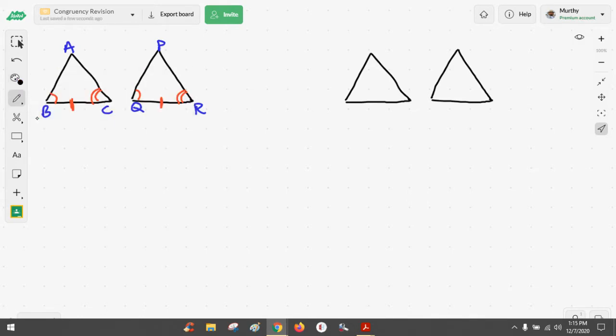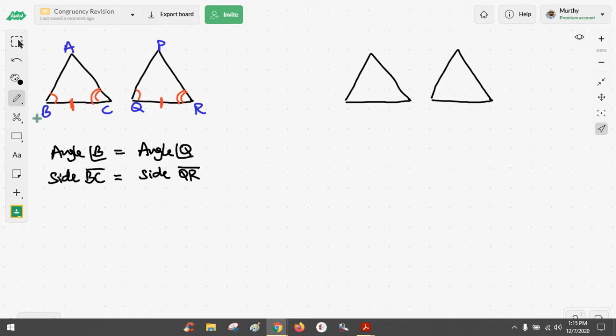So if you are listing this one and if you are describing this one, we say that angle B equals angle Q. How do you know? I see the same markings are there, and side BC is congruent or equal to side QR.